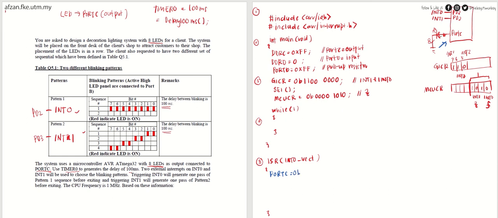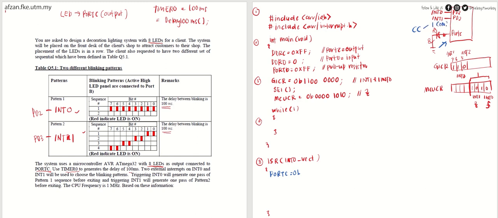What type of command do we use here? We use common cathode. For common cathode, you see here in the picture, all the cathodes or negative terminals are connected to ground. So in order to turn an LED on, you need to send 1.